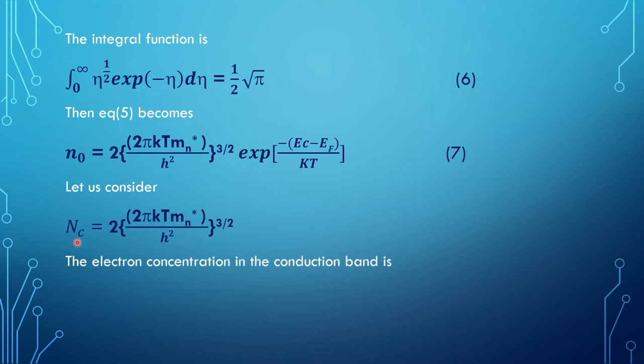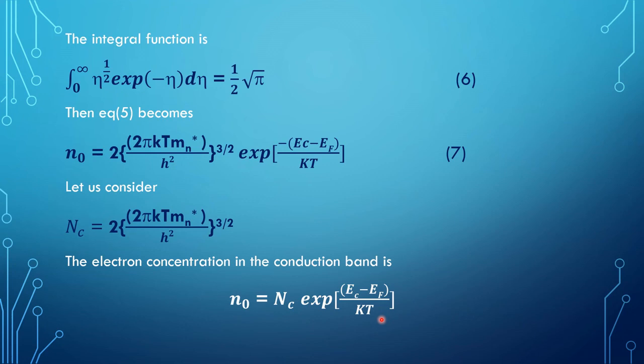So the electron concentration in the conduction band is N0 equal to NC exponential minus (EC minus EF) divided by KT. This is the final equation of the electron concentration in the conduction band.